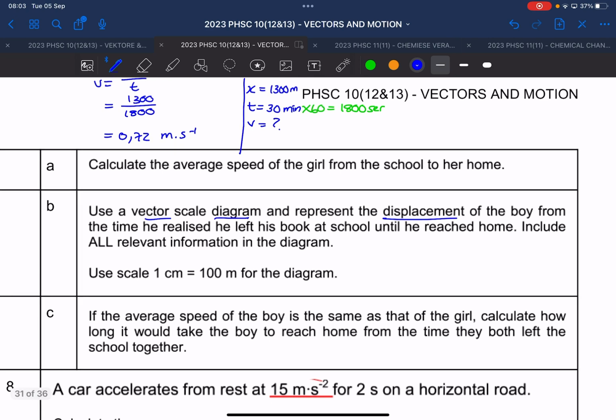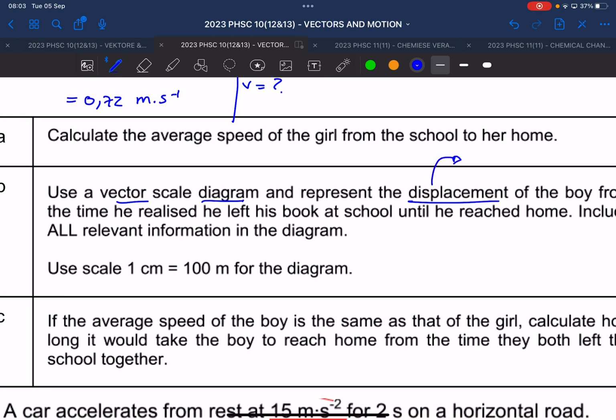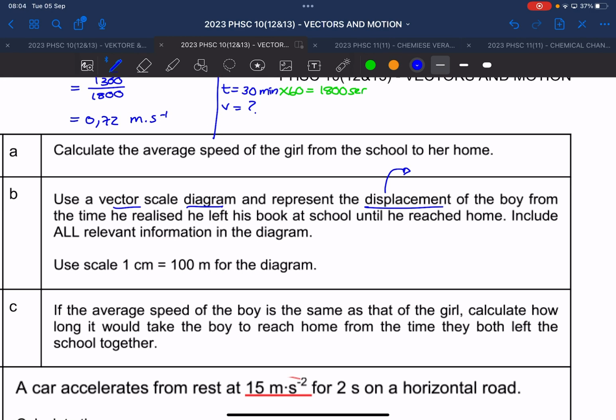What is displacement again? That is the formal definition.